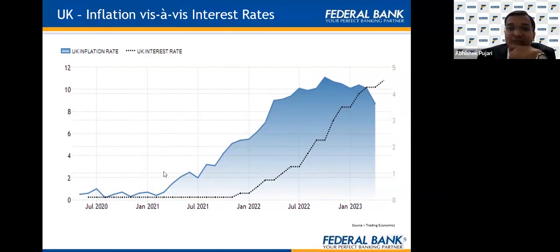The story remains almost the same, because for almost the last decade, the UK was also struggling with deflation, and it was trying to push the inflation rate up to 2%. So 2% is the Bank of England's target zone.